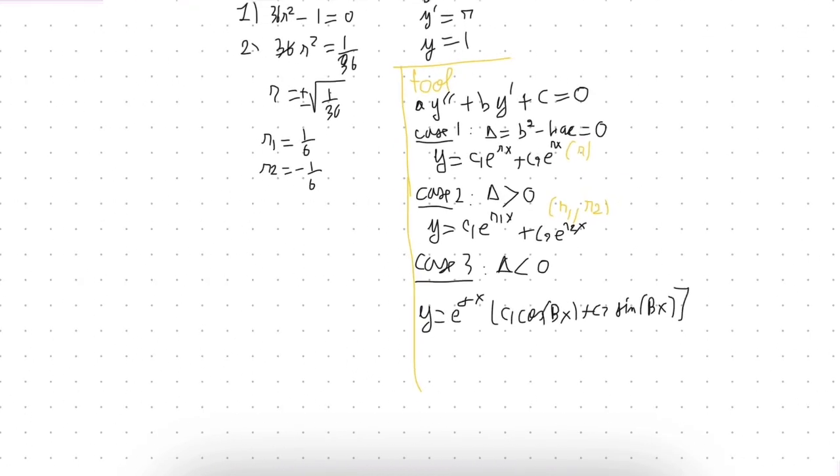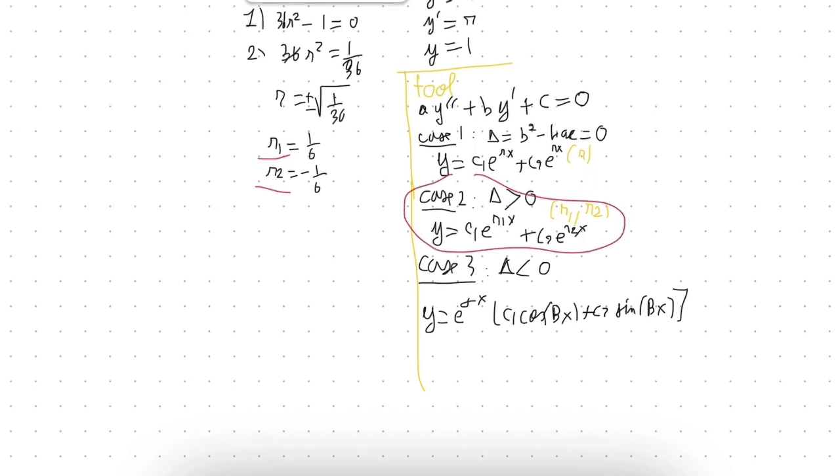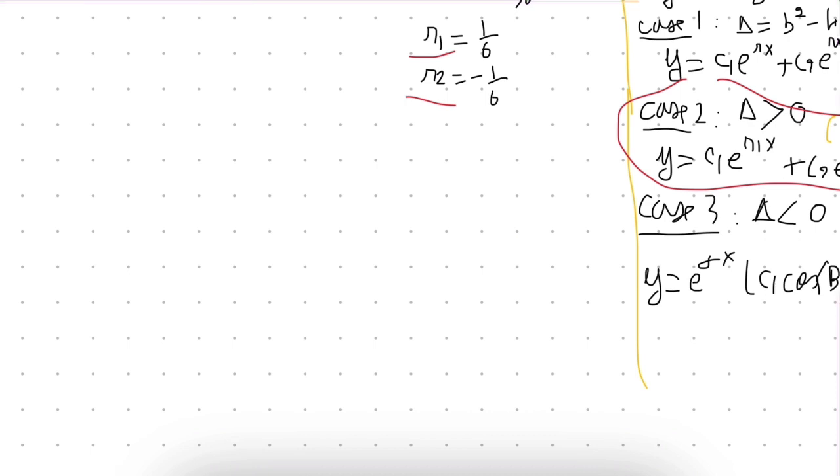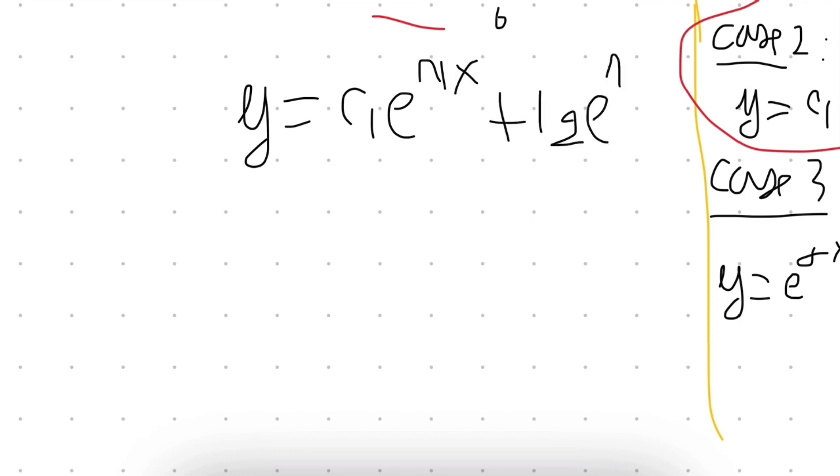In our exercise, we found two r's. So we're gonna use case 2, right? When we use case 2, we found that y equals C1 e^(r1 x) plus C2 e^(r2 x).